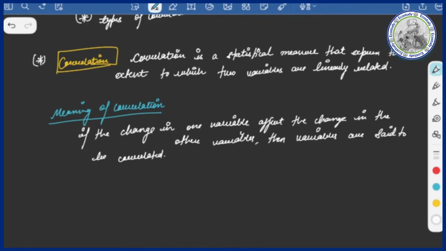For example, suppose we have some data points for x and y. When we find the correlation, we find that both are highly correlated. Highly correlated means that if we increase x, then y should also increase.